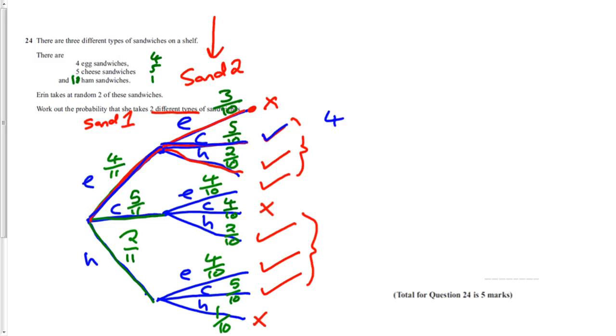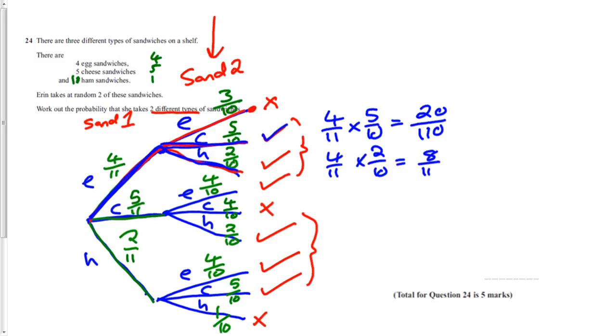So that's 4/11 multiplied by 5/10, which leaves us with 20 over 110. The second option, we went egg first of all, and then ham, which is 4/11 times 2/10, which is 8 over 110.